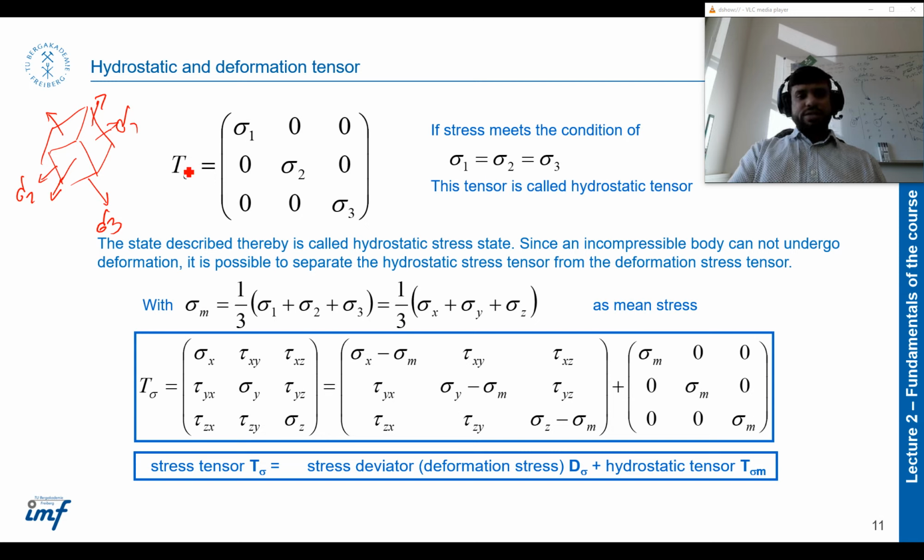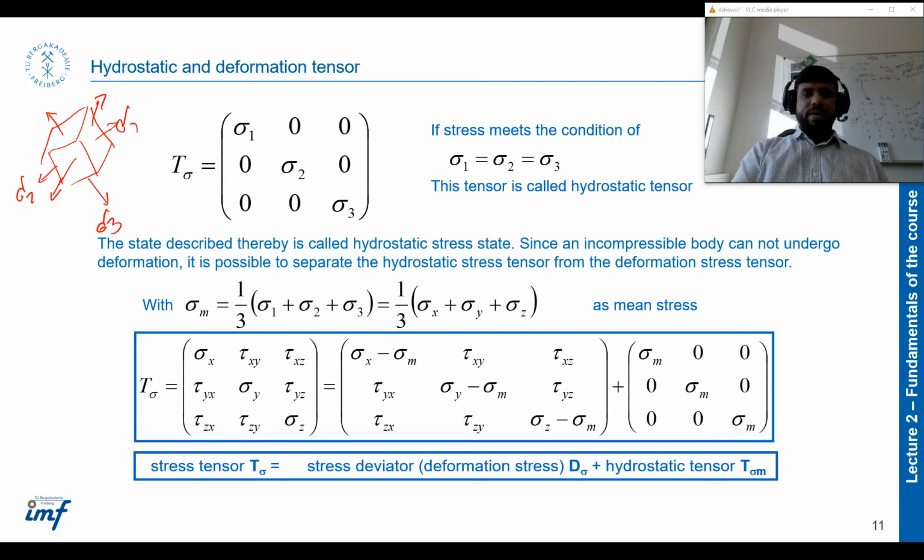The hydrostatic stress tensor is basically when sigma 1, sigma 2, and sigma 3 are all equal. If this condition is met, it is called the hydrostatic stress tensor. Which means that, for example, if we have a cube and we apply equal amounts of load in all directions, under a very high pressure load from all directions, the material cannot flow in a certain direction.